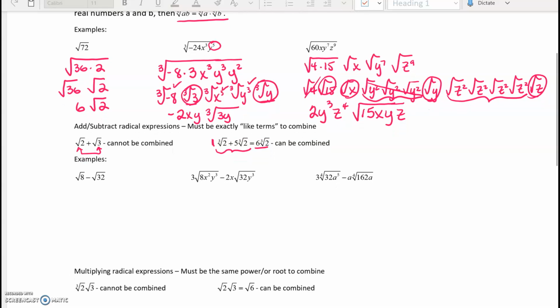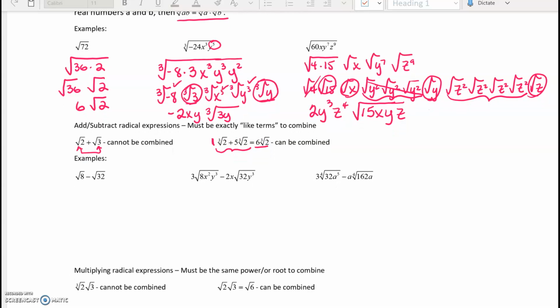In the 3 examples I've shown you, nothing looks exactly alike, so we have to simplify each radical to see if they are alike. 8 can be split into 4 times 2, and 32 can be split into 16 times 2.